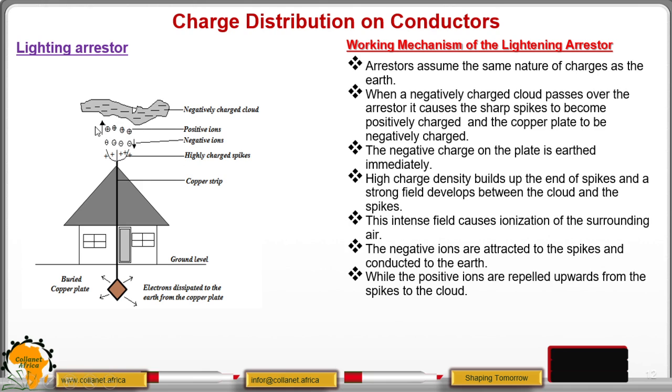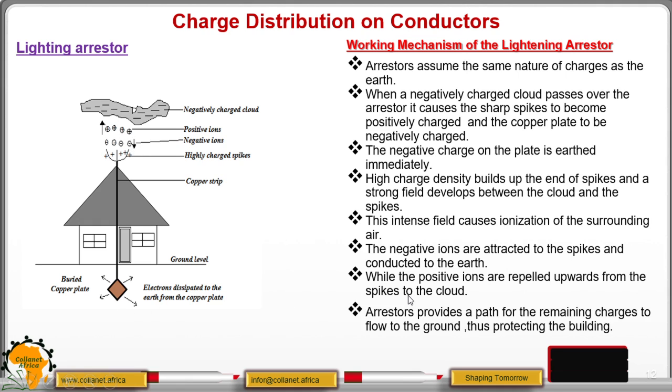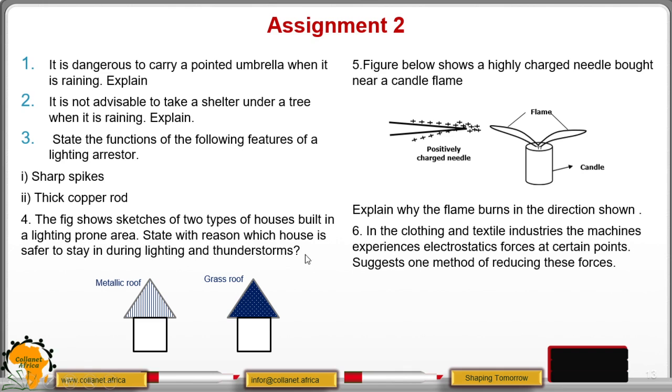These charges may not be able to fully neutralize the cloud, but because the negative charges are repelled and earthed, the lightning will cause no harm. In other words, the arresters provide a path for the remaining charges to flow to the ground, thus protecting the building.